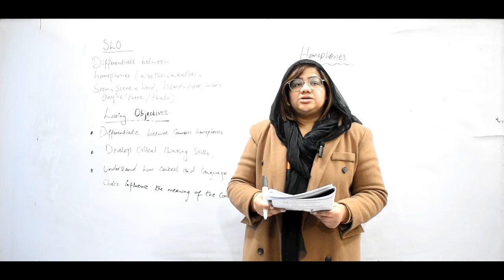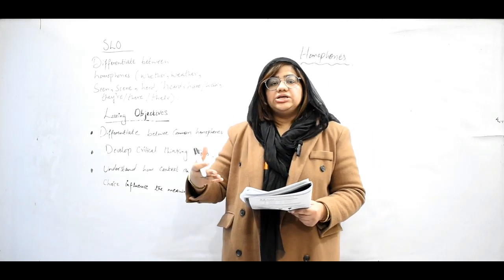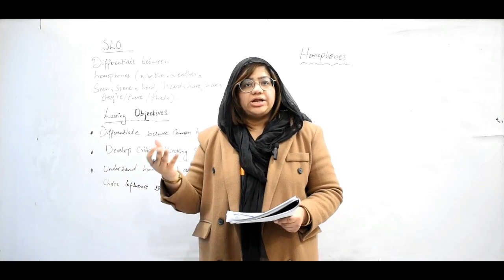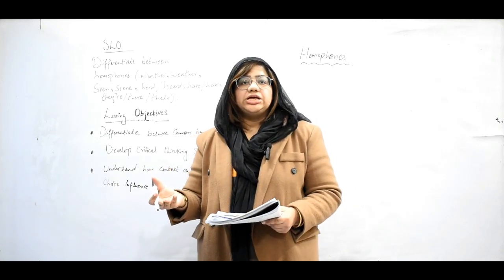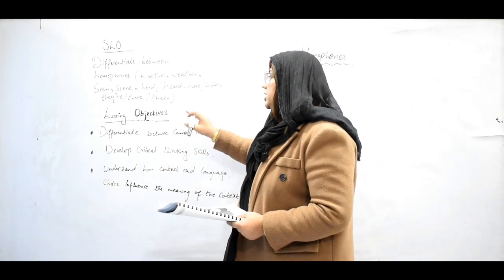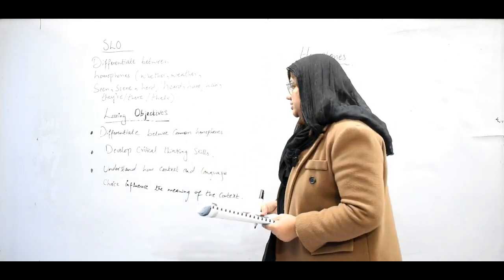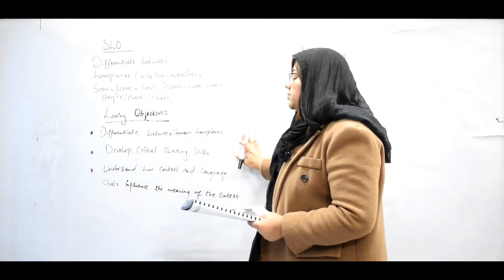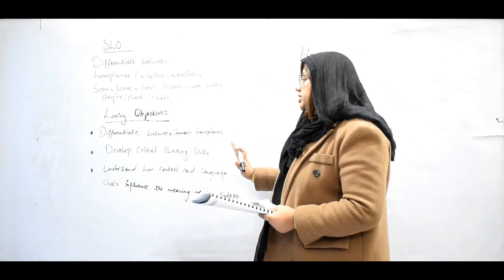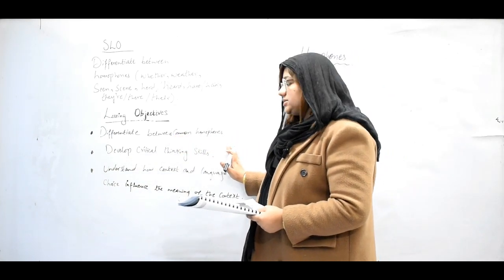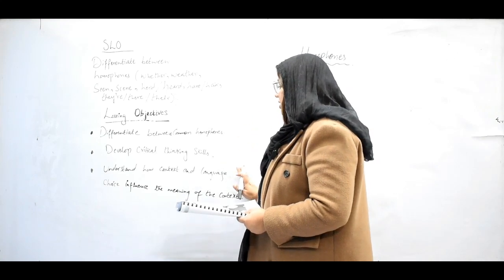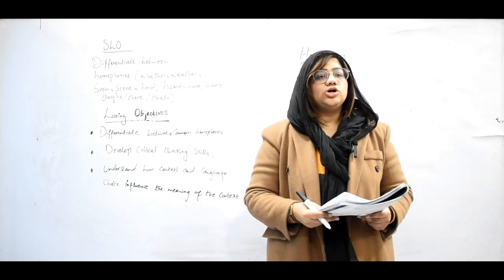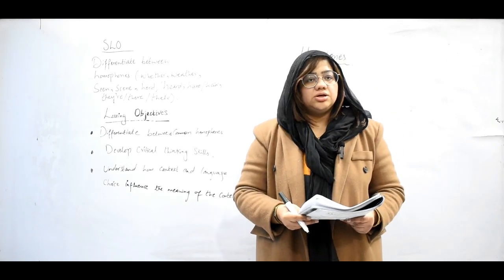You can see that they sound the same, but when we talk about their contextual meanings, they are totally different. The learning objectives of today's lesson are to differentiate between common homophones, develop critical thinking skills, and understand how context and language choice influence the meaning of the context.